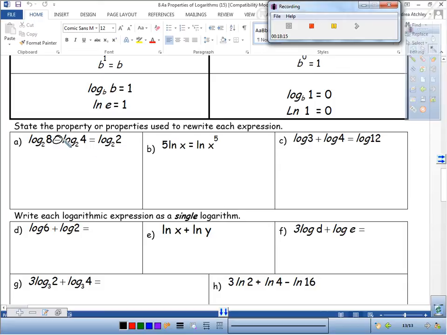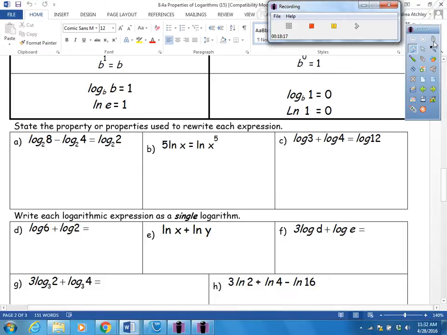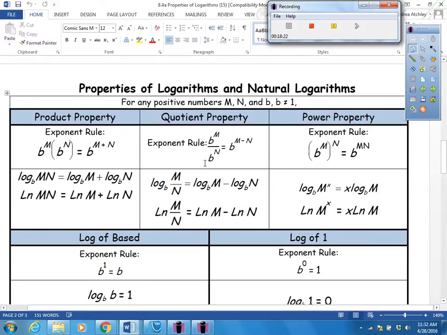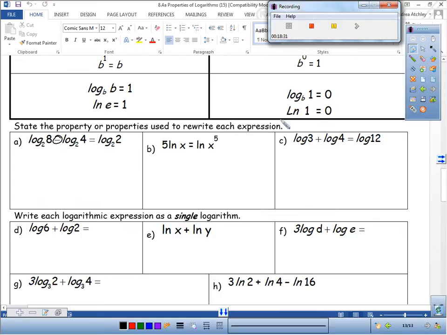The subtraction one, if we go back, when I have a subtraction, I can also divide. So that is my quotient property, because I just divided the 8 divided by 4 and got the 2. Any questions over that?